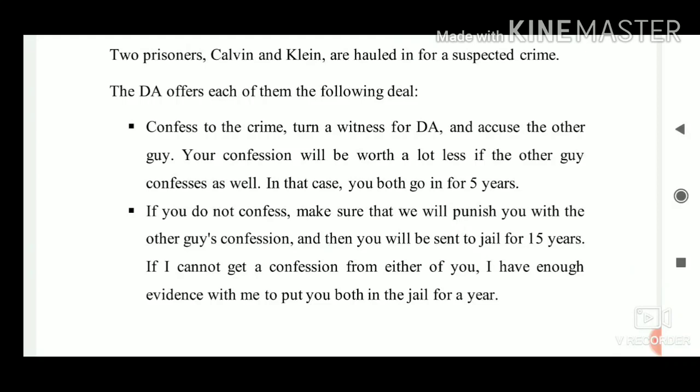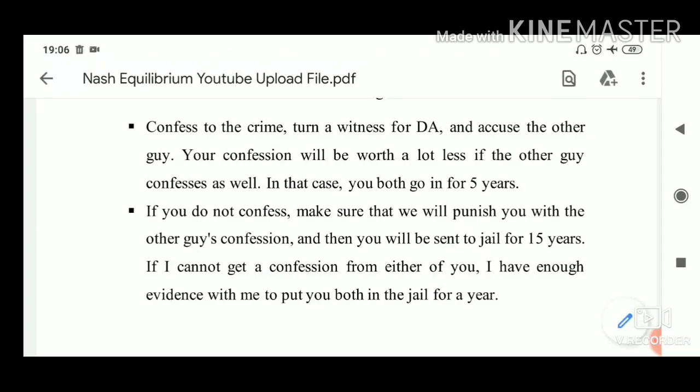First, confess to the crime, turn witness for the DA and accuse the other guy. Your confession will be worth a lot less if the other guy confesses as well. In that case, you both go in for 5 years. That means both the prisoners will get 5 payoff each.